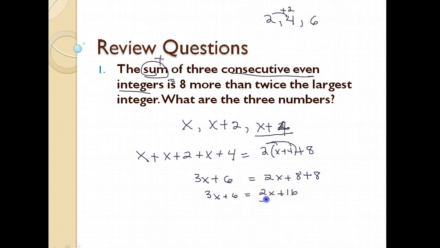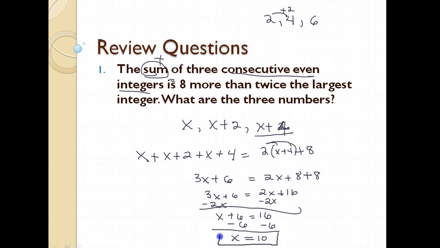I'm going to subtract 2x on both sides, and I get x plus 6 is equal to 16. And then I'm going to subtract 6. So my variable x is equal to 10.